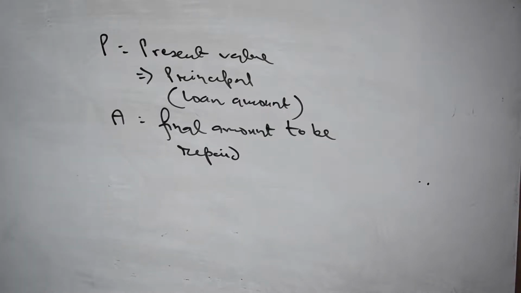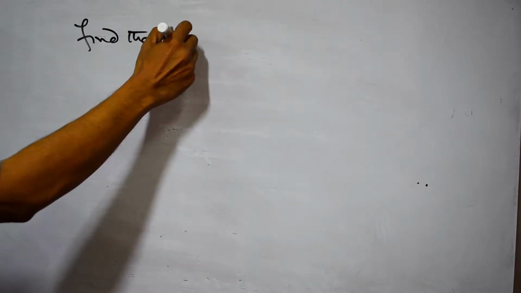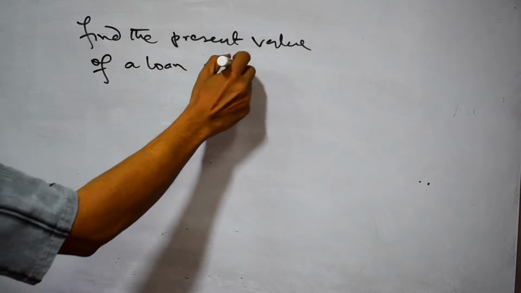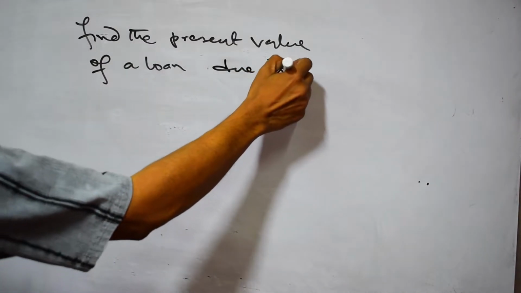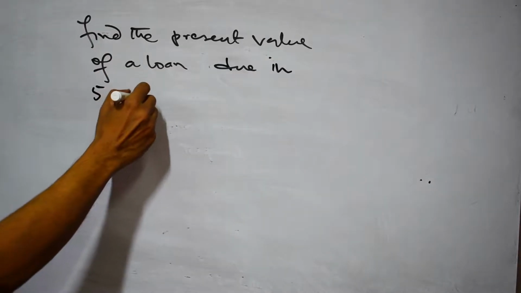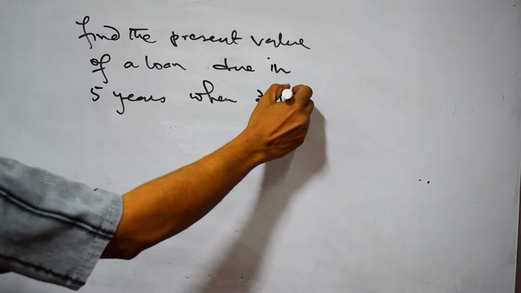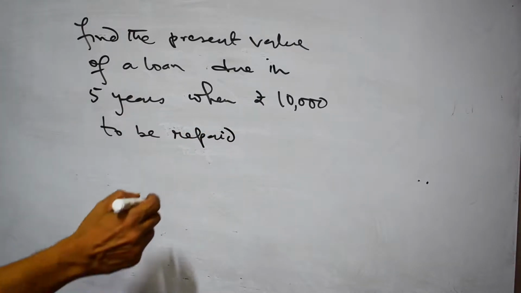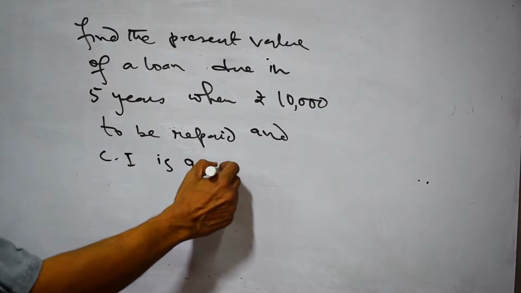So we can have a problem, find the present value of a loan of rupees 10,000 due in 5 years, to be repaid, when the compound interest is 9% per annum.